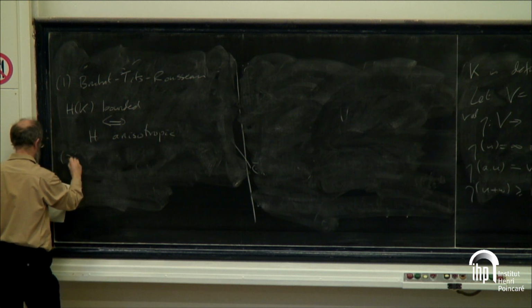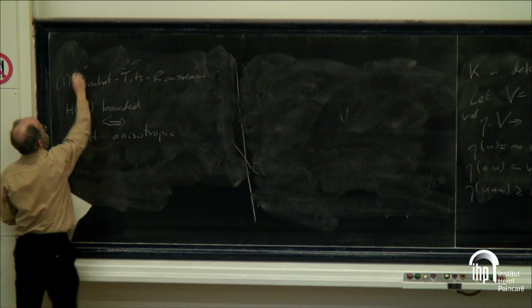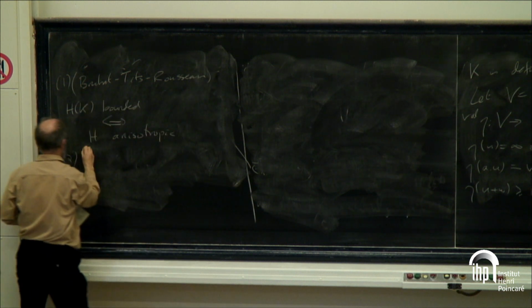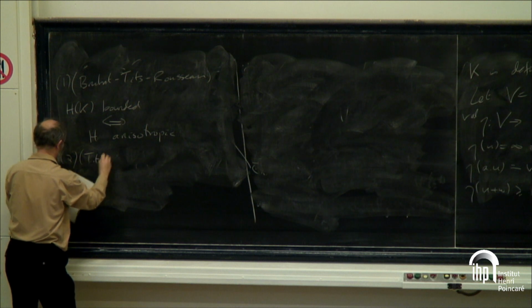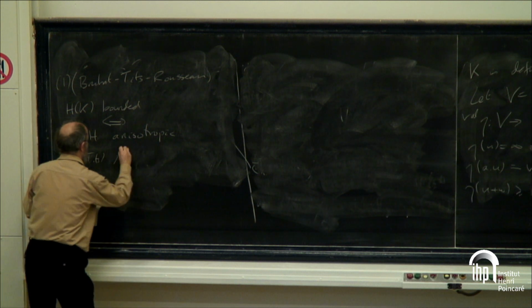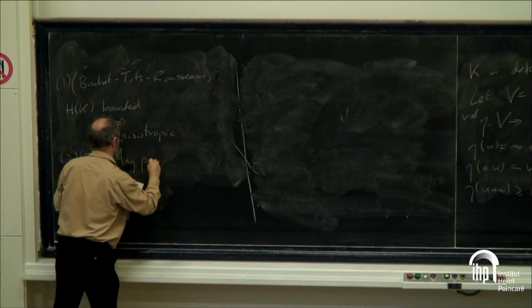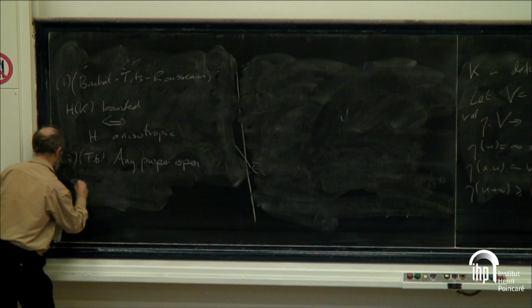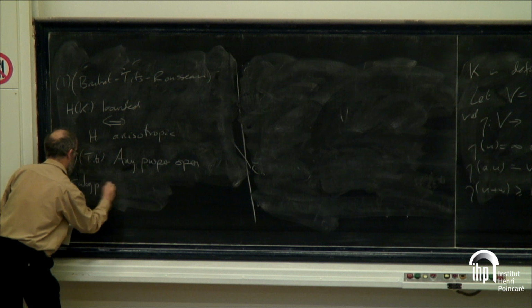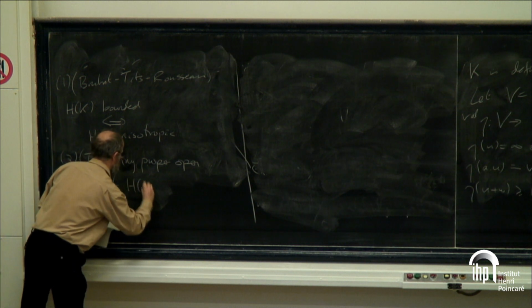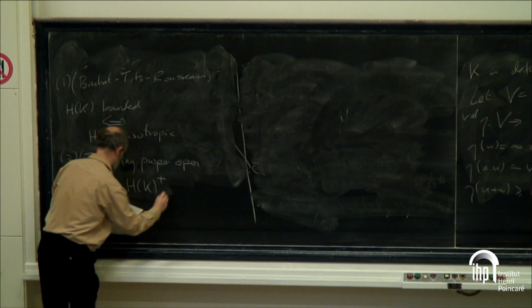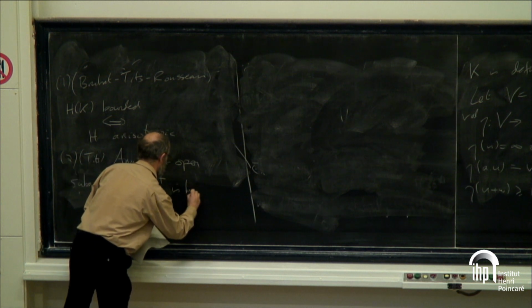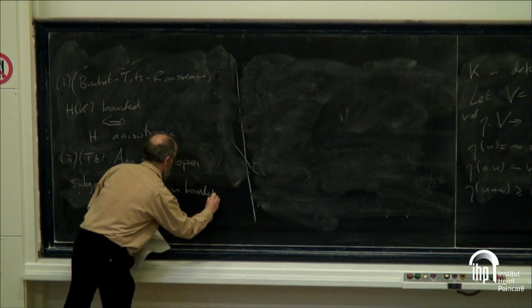And the second, which is due to Tits, but in both cases Prasad is giving his own proof, says that any proper open subgroup of H of K plus is bounded. Open in the valuation topology here.